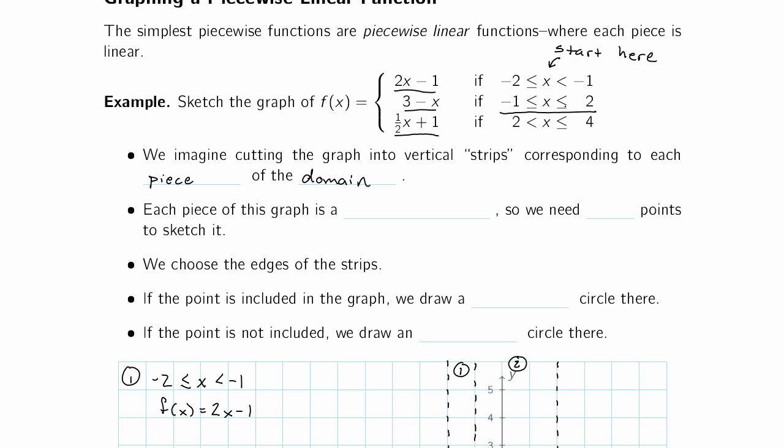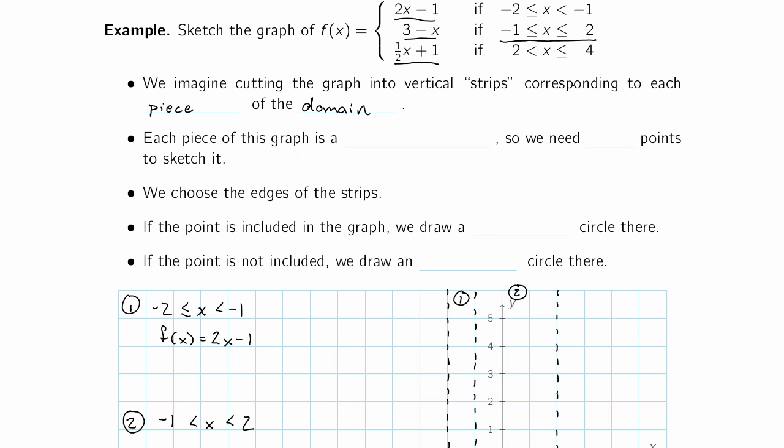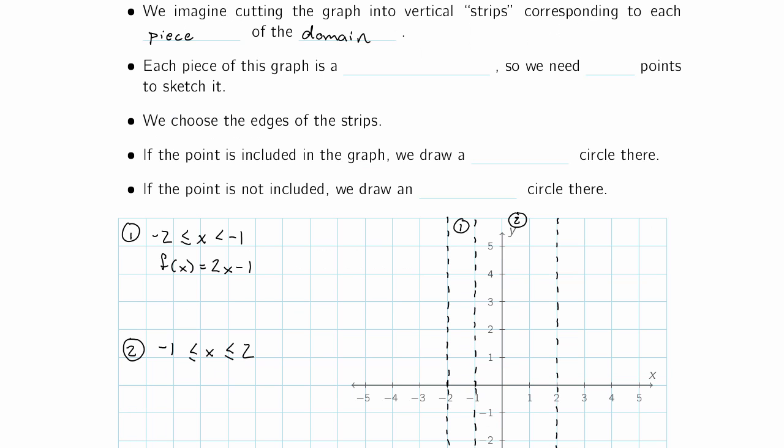And I see that x is allowed to equal either one of those. And then I see that on that part of my graph, the formula for my function is 3 minus x. So on that part of the graph, f of x is 3 minus x.